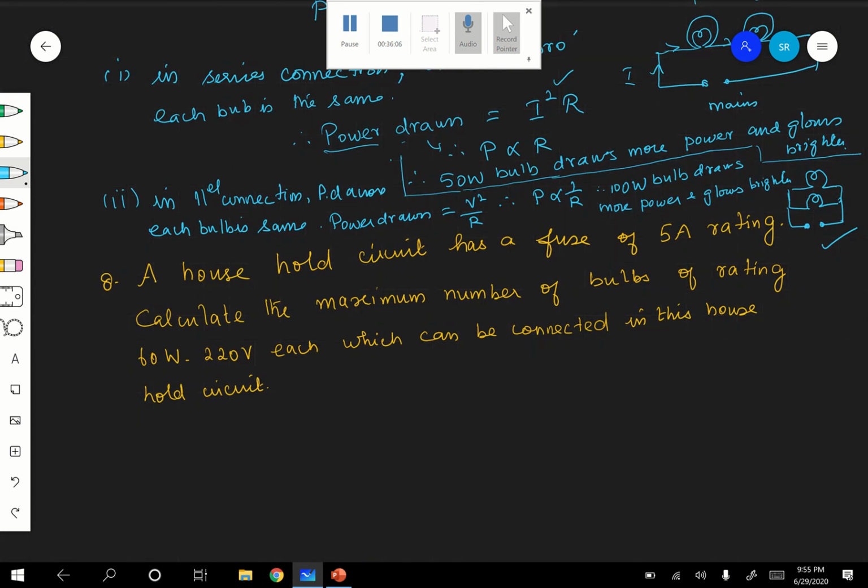Next one is a household circuit. A household circuit has a fuse of 5 amps. Very good. The fuse has a 5 amps rating, right?